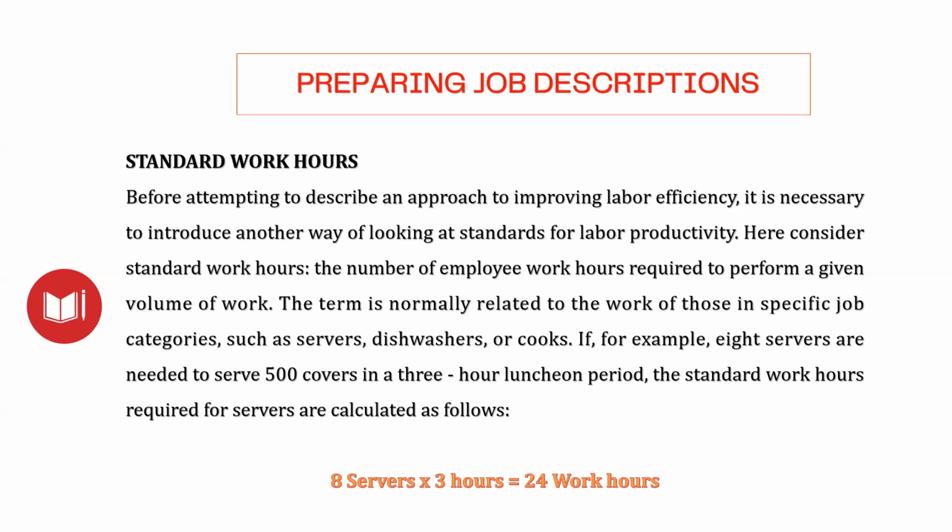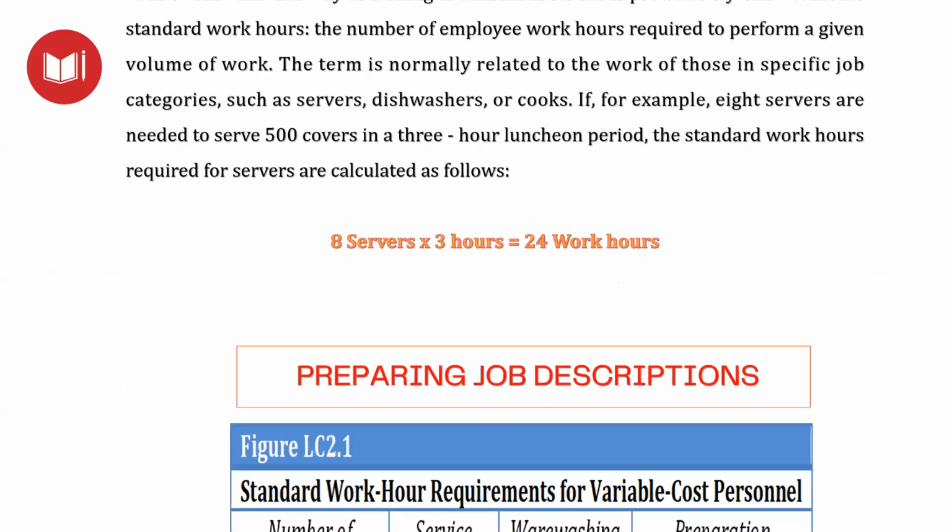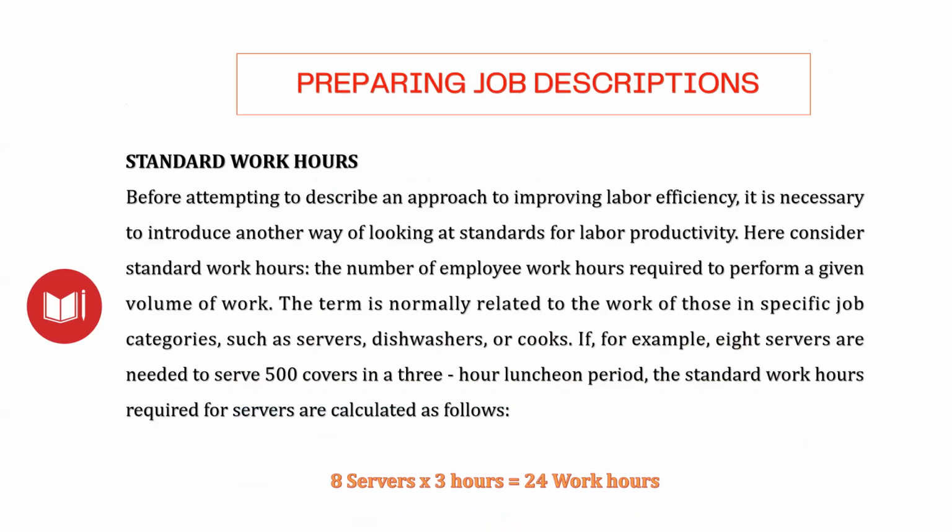If, for example, 8 servers are needed to serve 500 covers in a 3-hour lunchtime period, then the standard work hours required for the servers are calculated as follows. 8 servers times 3 hours equal 24 work hours. Now, the 24 work hours would become the standard for serving 500 covers over a lunchtime period.